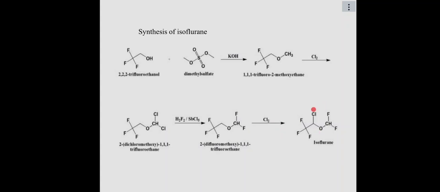Remember, you require the chlorines at specific positions and the fluorines at particular positions. So somehow these controlled reactions are giving you the halogens at the positions that are required. And as we had said, if you look at the halogenated ethers, they have more carbon atoms.